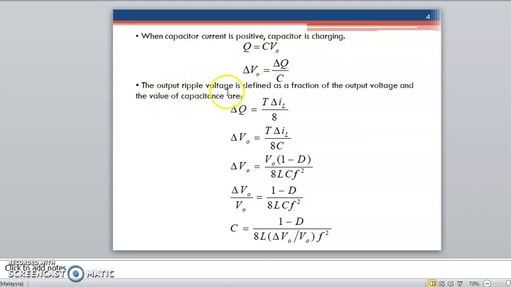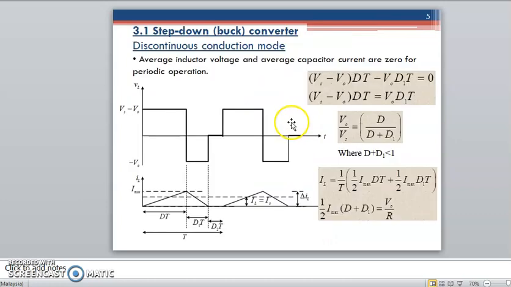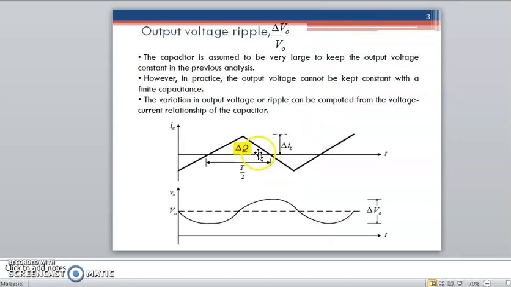The output ripple voltage is defined as a fraction of the output voltage, and the capacitance is considered as delta Q equal to the duration times the change of the inductor current, divided by 8, because this is one cycle, from minimum back to minimum. So the delta Q happens during half cycle.